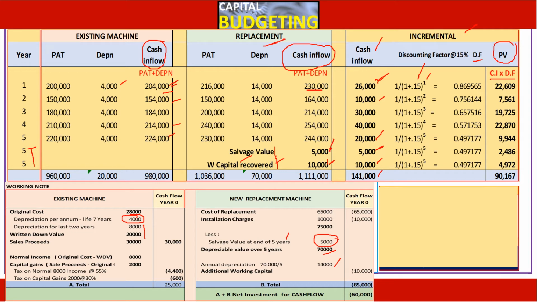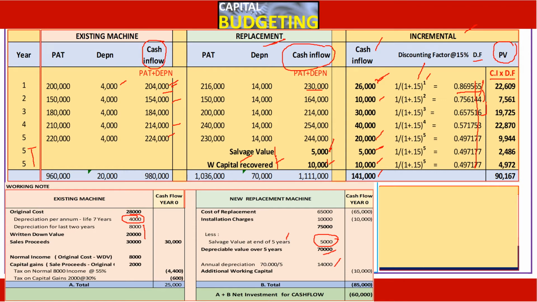R is 0.15. Even if you take a calculator and see 1 divided by 1.15, you will get 0.8695. And what you need to do is simply divide it consecutively by 1.15. You will get these values to 4 digits.